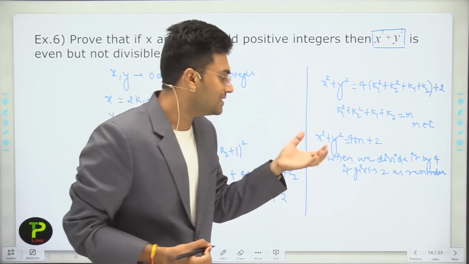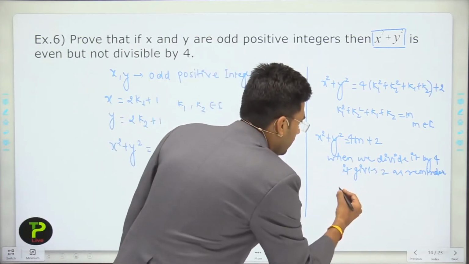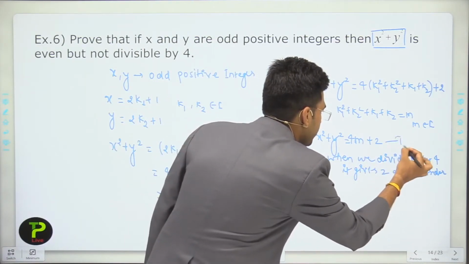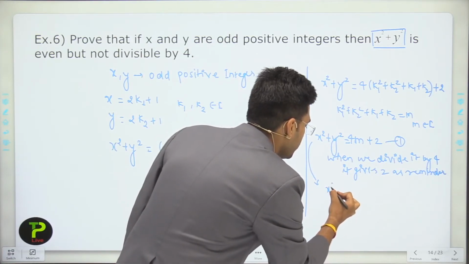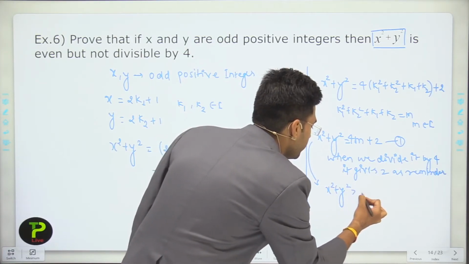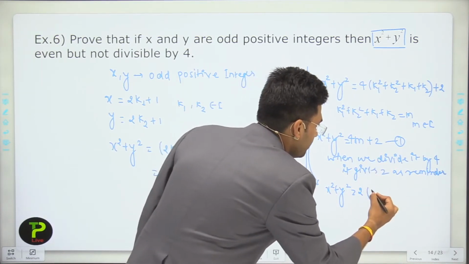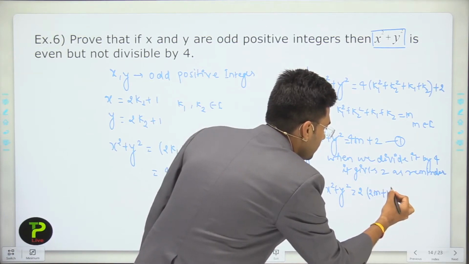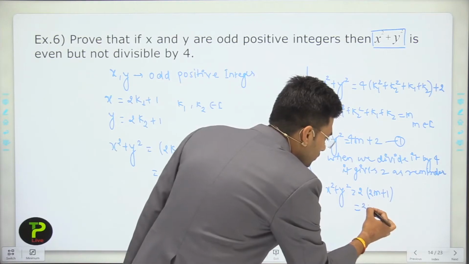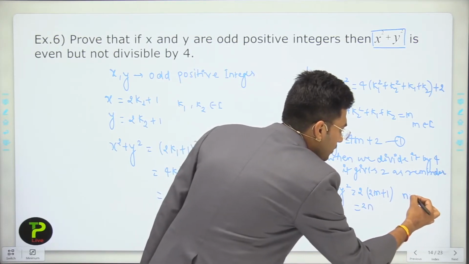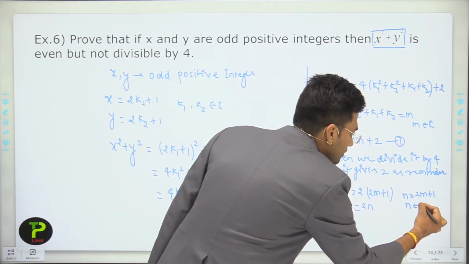Now let's check whether it is even or odd. Let this be equation 1. So from equation 1 we can write x square plus y square is equal to 2, and when we take 2 common we get 2m plus 1. So again we can write it as 2n, and n is what? N is 2m plus 1 and n belongs to integers.